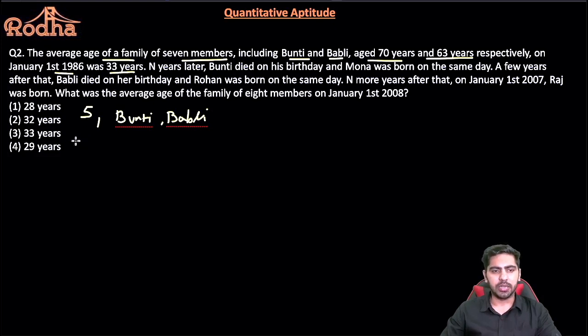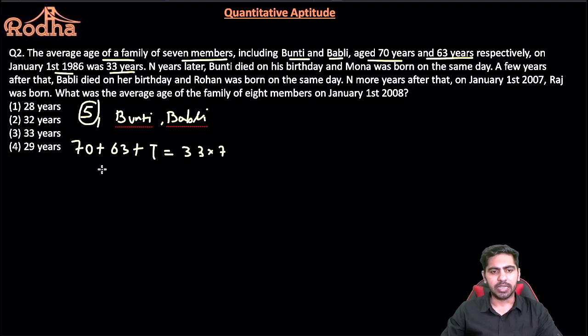So can I say Bunty plus Bubbly, which is 70 plus 63, plus the total age of these remaining 5 people, let's say T, should be equal to the average, that is 33, into the number of family members, that is 7, isn't it?